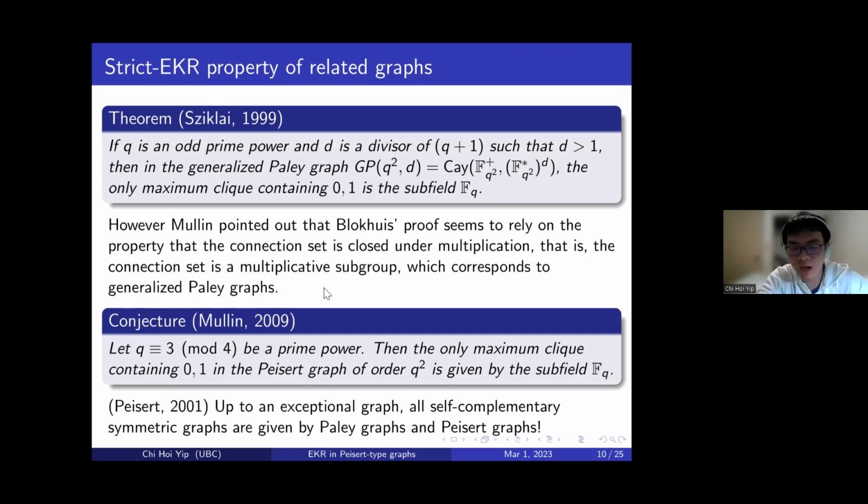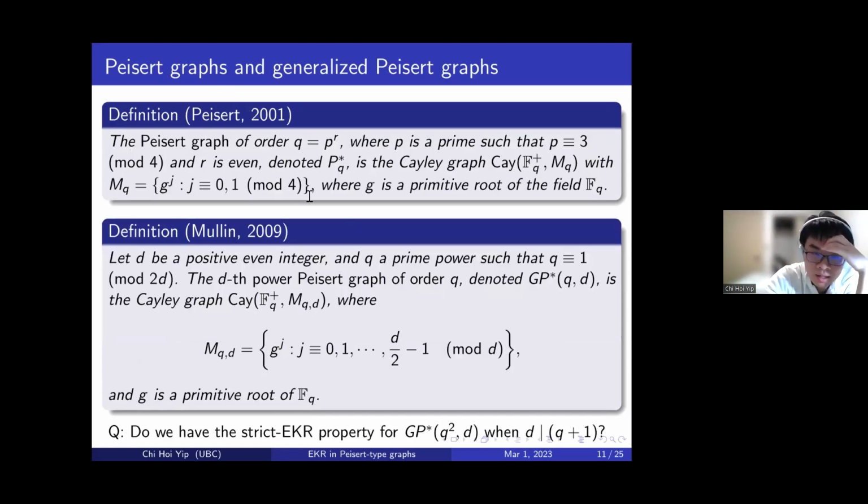So I haven't defined Peisert graphs, and I should really do that. The definition of Peisert graph is also very similar to the definition of Paley graph. So it's again a Cayley graph, but now the connection set is given by those powers of g. So the connection set is given by g to the power j, where j is congruent to 0 or 1 modulo 4.